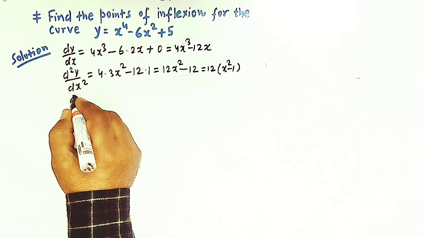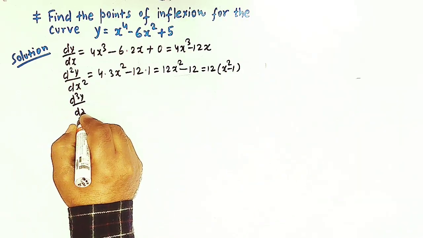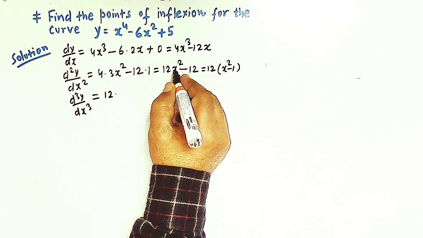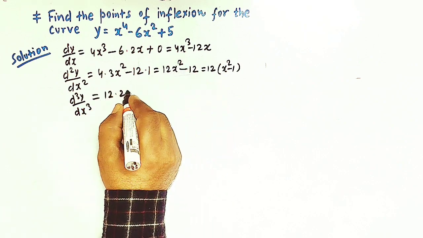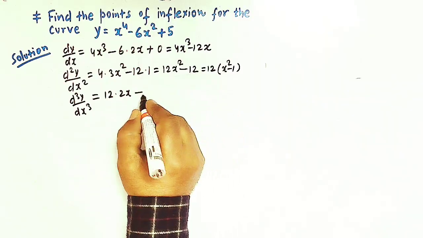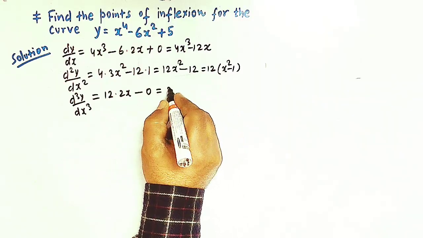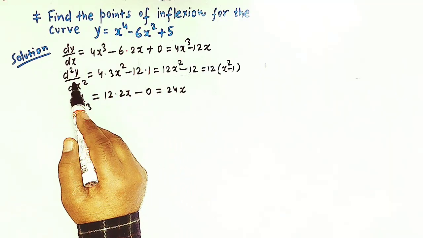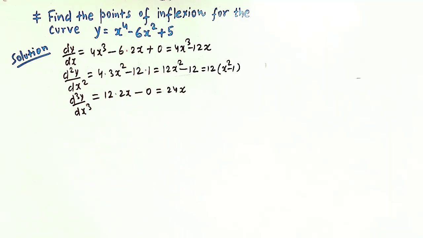Now the third derivative is given by here we have 12, then the derivative of x square is 2x, and the derivative of 12 is 0, so we have 24x. So the first step is to get the first derivative, second derivative, and the third derivative, right?